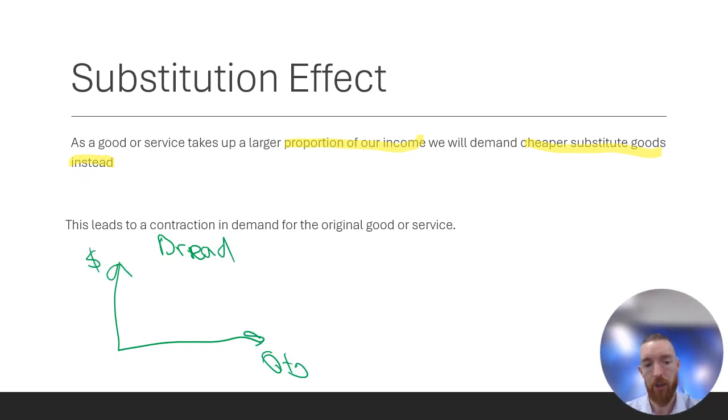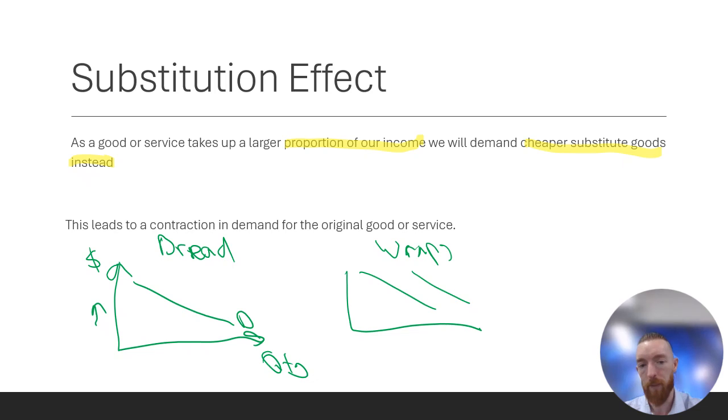Bakeries are just trying to gouge you for your money, and bread has gone up in price. Bread is taking up a larger proportion of your income. Now this means that something like wraps, which are a cheaper substitute, may get a favorable shift in demand because you are now demanding more of that cheaper substitute, and that is the substitution effect. As something takes up a larger proportion of your income, you want less of that and more of the cheaper alternative.